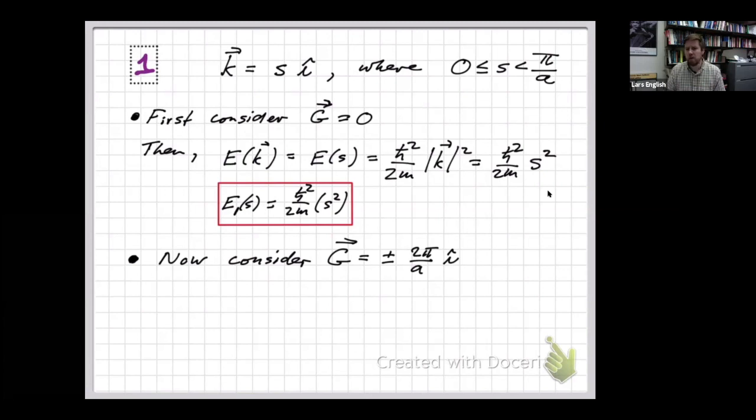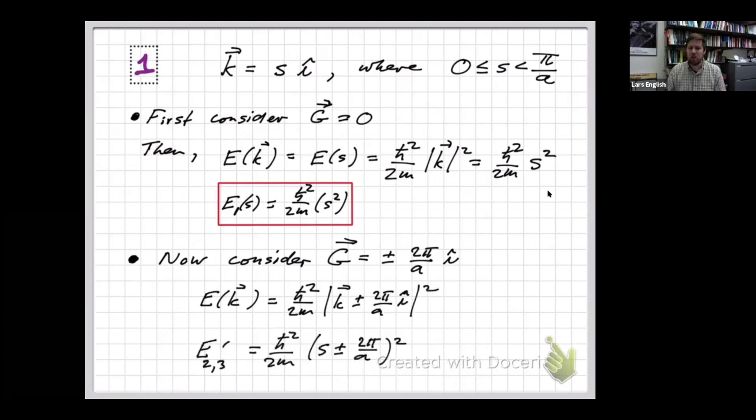Okay, fine. Now let's take a look at the next set of reciprocal lattice vectors. G here is equal to plus or minus 2 pi over a times i hat. So those are the two reciprocal lattice vectors that point left and right. So how would we handle that? Well, we can plug that into the general formula and we get k plus minus 2 pi over a times i hat. But k itself is a vector that is also along the x-axis, right?